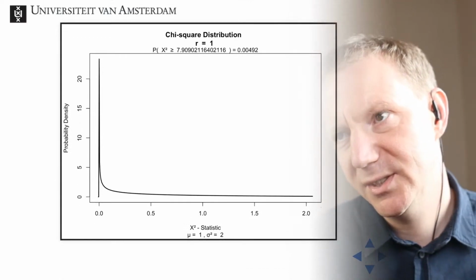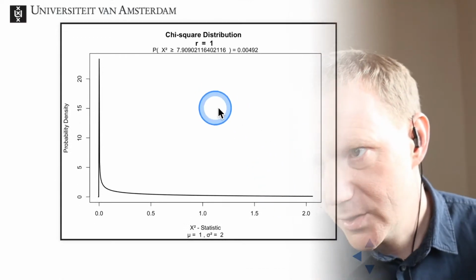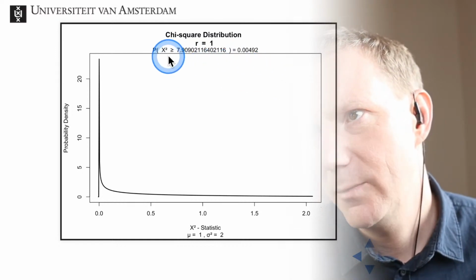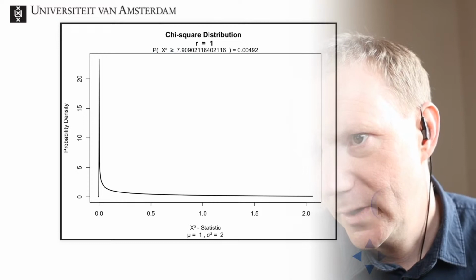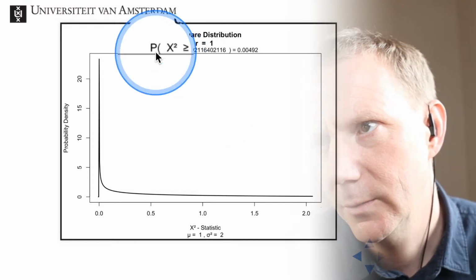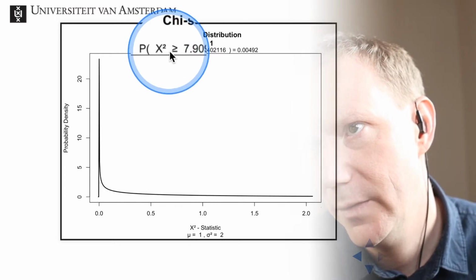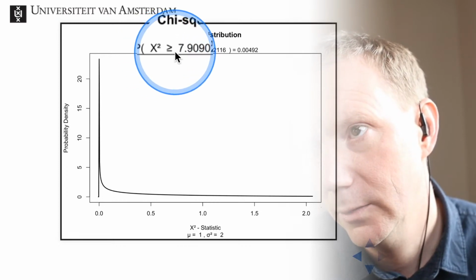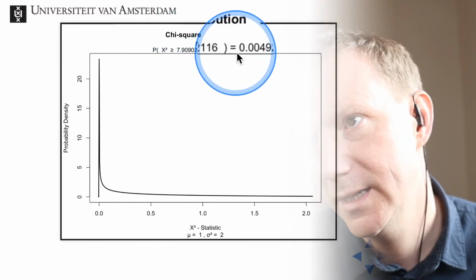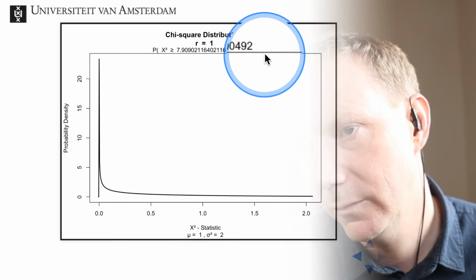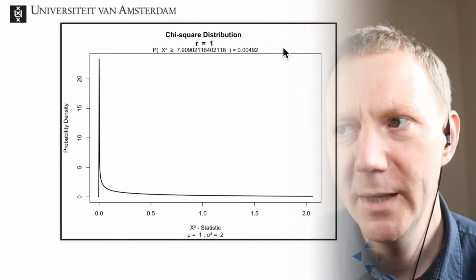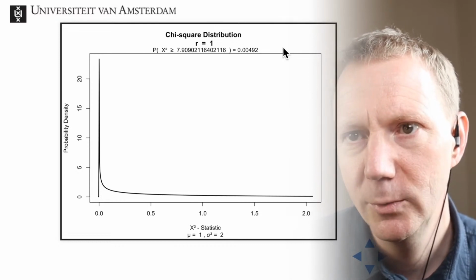That results in our distribution being shown here, but our chi-square value is so extreme that it falls off the chart. So what it's stating is that for a chi-square value of higher or equal to 7.9, the probability under the null is 0.004. So there is a significant difference here between males and females, and being able to whistle or not.